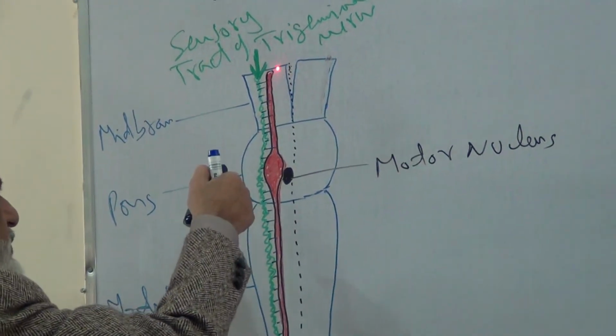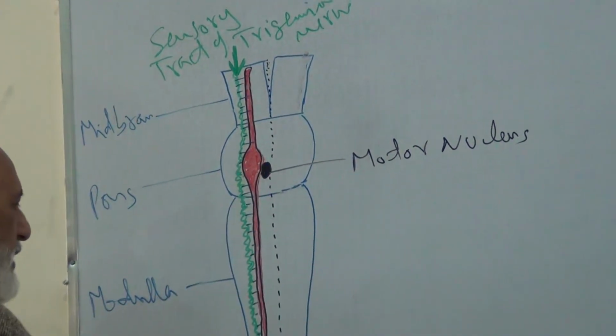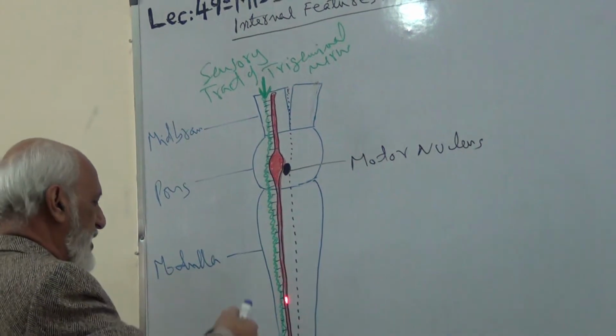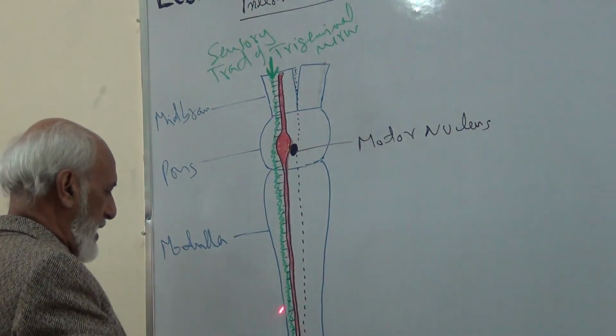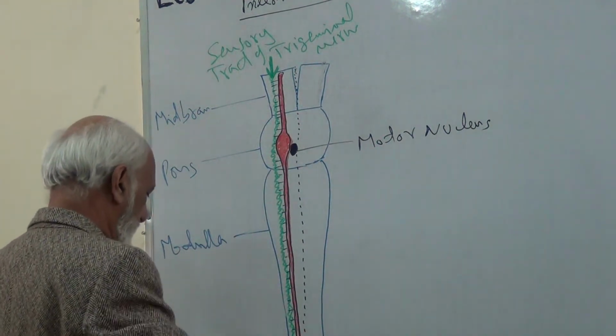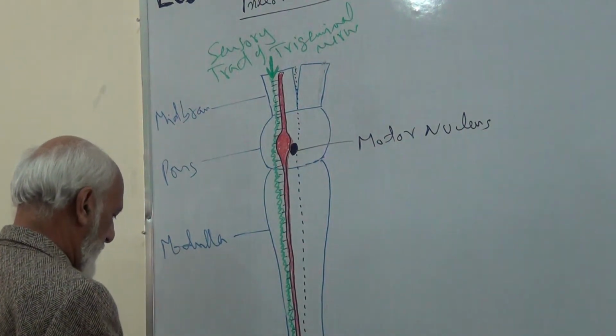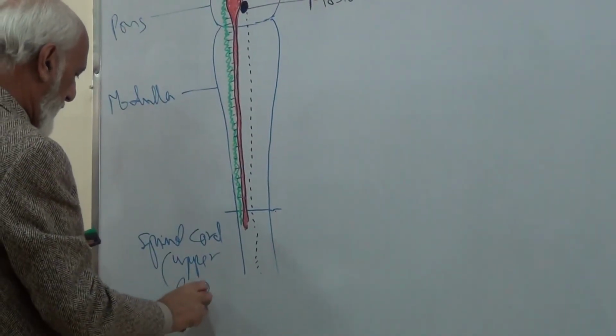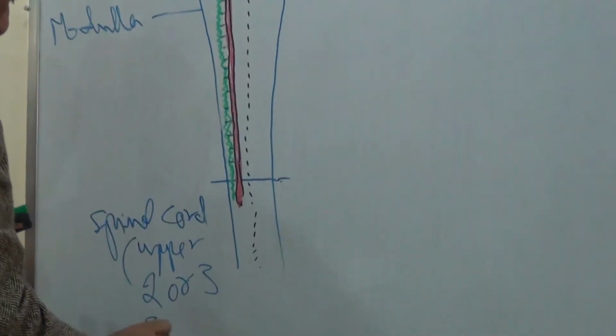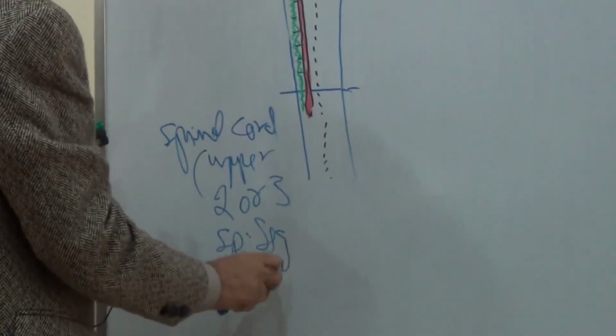Now, this sensory nucleus of trigeminal nerve, along with the sensory tract of trigeminal, traverses the midbrain, pons, medulla oblongata, and upper 2 or 3 segments of spinal cord.